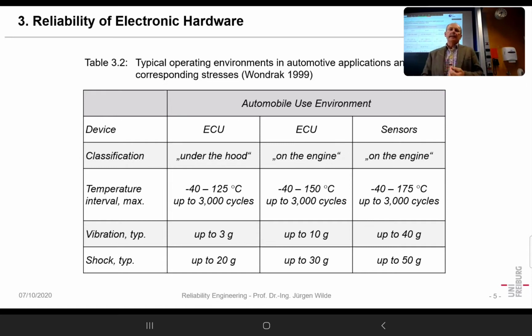Typically, these cycles do not have such large temperature swings. The temperature swing is lower, but it can be there, and we will also have to see what is worse, many small delta T or only a few very large delta T. We will come to that later on.